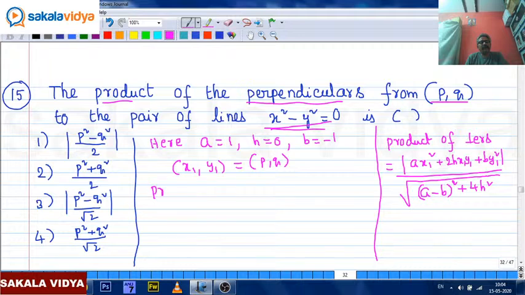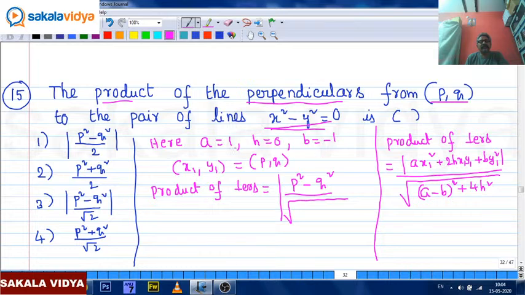Product of perpendiculars equals to modulus of, so in this equation substitute p comma q, p square minus q square upon root of a minus b, a minus b means 1 plus 1, 2 square, 4 plus 0. So you will be getting now modulus of p square minus q square by root 4 is 2. That means first option is the right option.